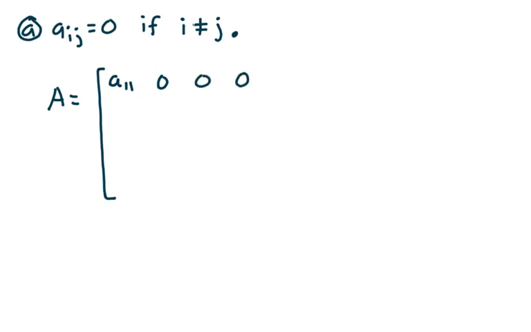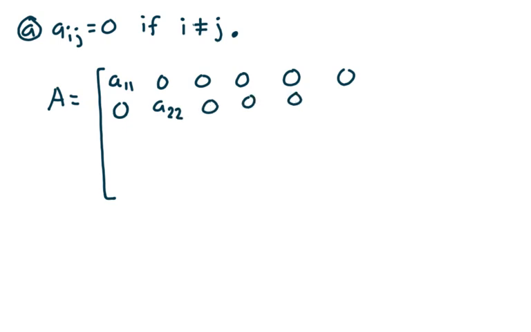So we got 1, 2, 3, 4, 5 zeros. Then I'm going to go 0 because for that entry, the row doesn't equal the column. That 0 is in row 2, column 1. But if I go over here, I'm going to call that A22.